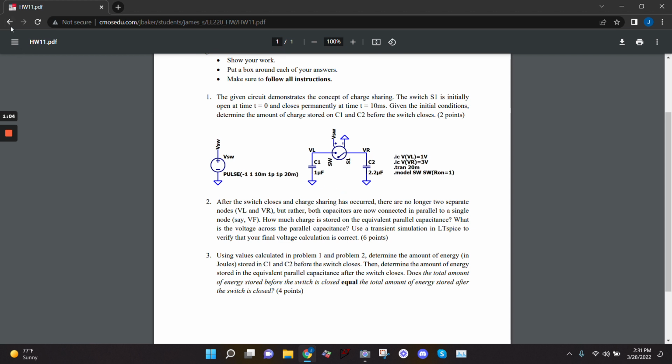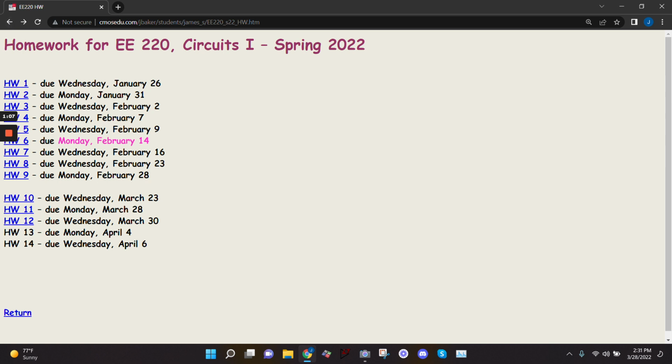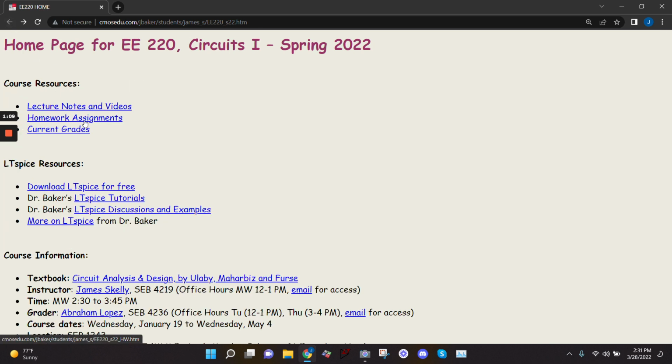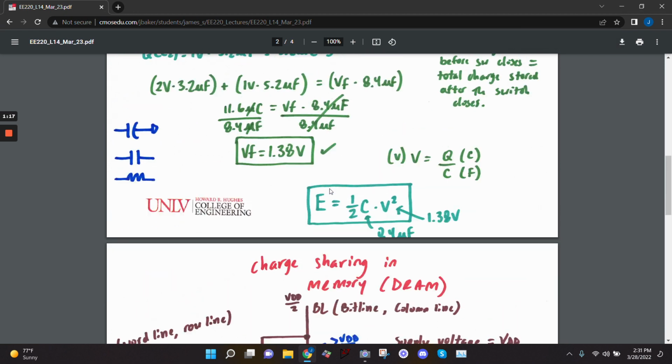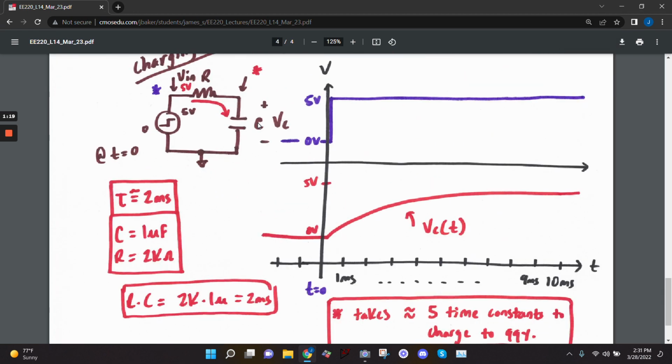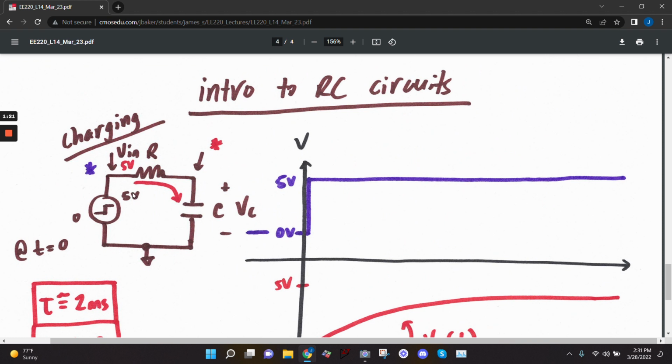All right. So last time I kind of glossed over the idea of RC circuits and how when we actually charge or discharge a capacitor, we're going to be charging it or discharging it through a resistor, right?